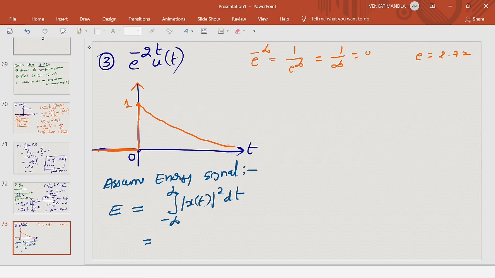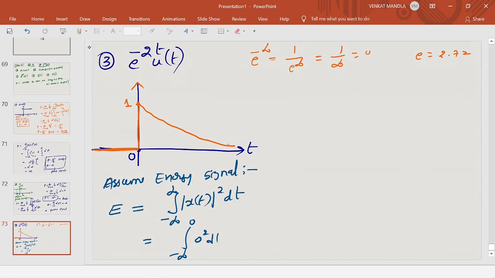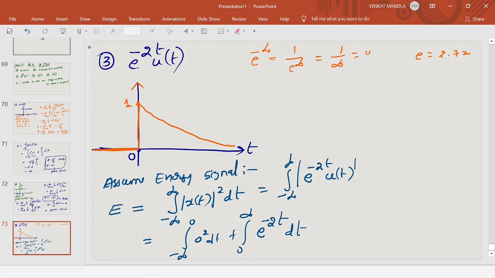That equals, from minus infinity to 0, the signal is 0. For 0 to infinity, the signal is e power minus 2t dt. Or you substitute here itself, integral minus infinity to plus infinity, e power minus 2t into u of t whole square dt.